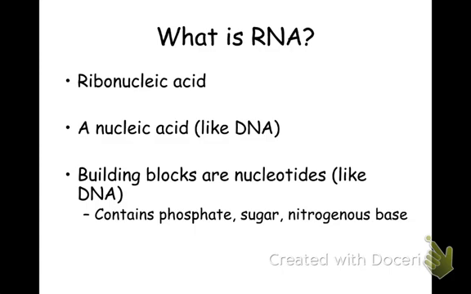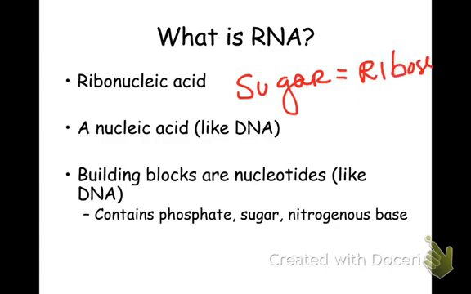RNA is ribonucleic acid. So the sugar here is a little bit different. Instead of deoxyribose, here the sugar is ribose. That is one big difference. We need to have something different on these molecules, or else the body is going to think that copy of RNA is actually DNA itself.